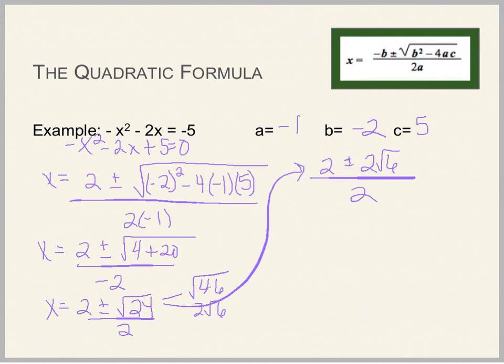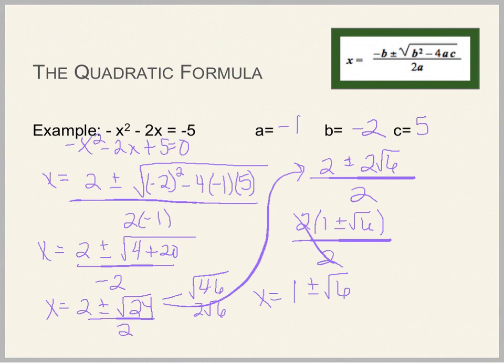With this in mind now, we can factor a 2 out of our numerator, leaving 1 plus or minus the square root of 6, all divided by 2. And now those 2's divide away, leaving a final answer of 1 plus or minus the square root of 6. And remember, these are what x equals.